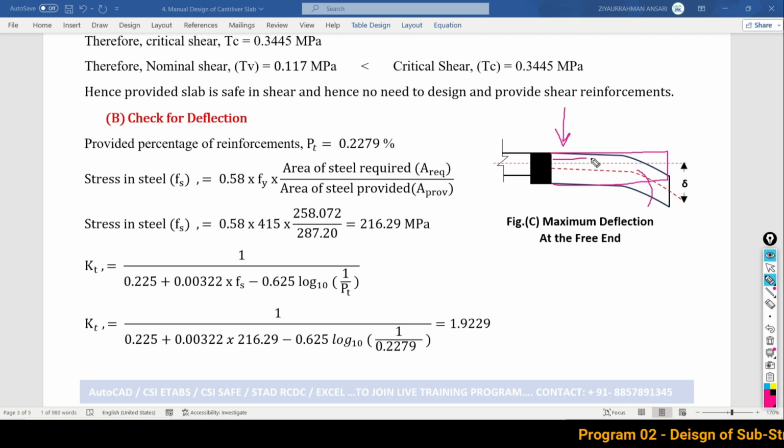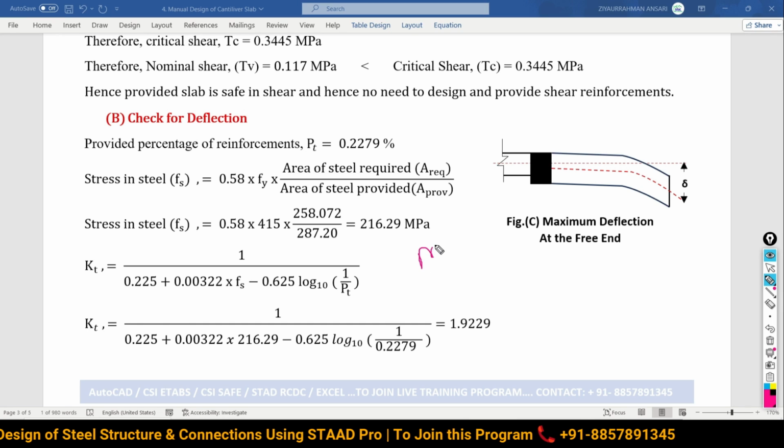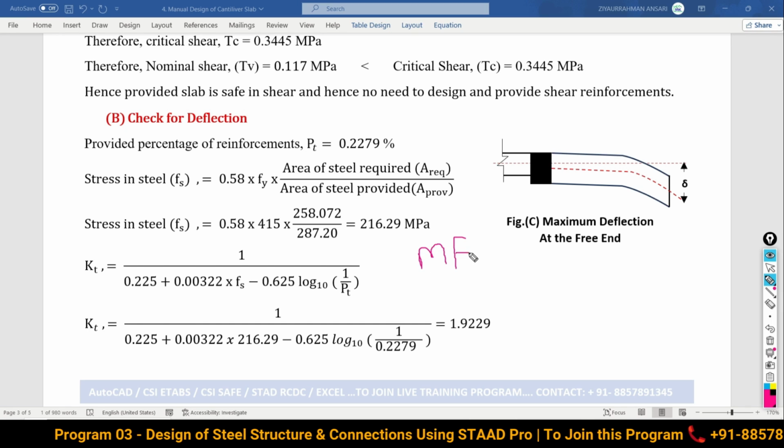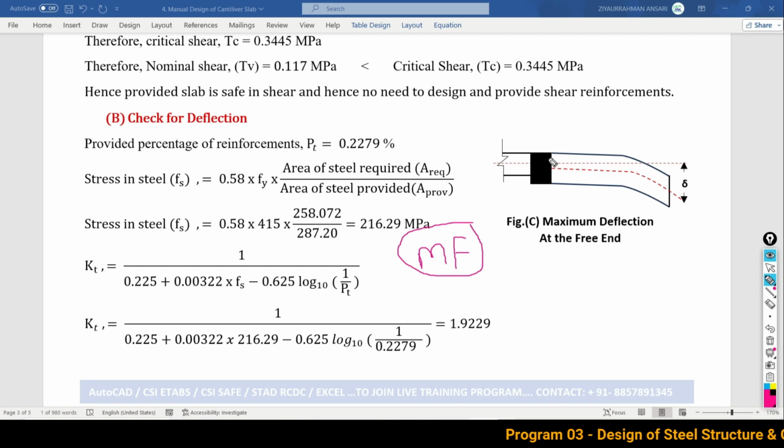There is also the presence of the reinforcement. So reinforcement plus concrete both take part in resisting this load to control the deflection. That modification factor represents the contribution of reinforcement in resisting the deflection.